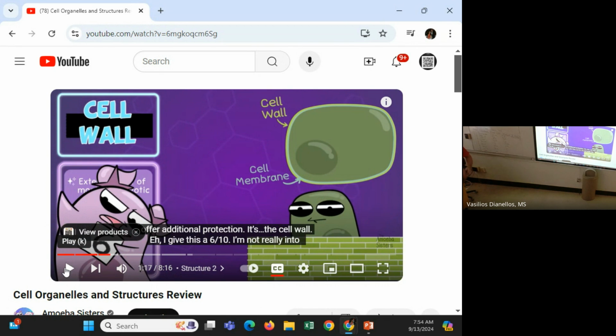Animal cells don't have cell walls. And because this is a 100 level class, we generally only compare and contrast animal cells versus plant cells. Plant cells do have a cell wall, and that obviously would help maintain the structure. But animal cells do not have a cell wall.